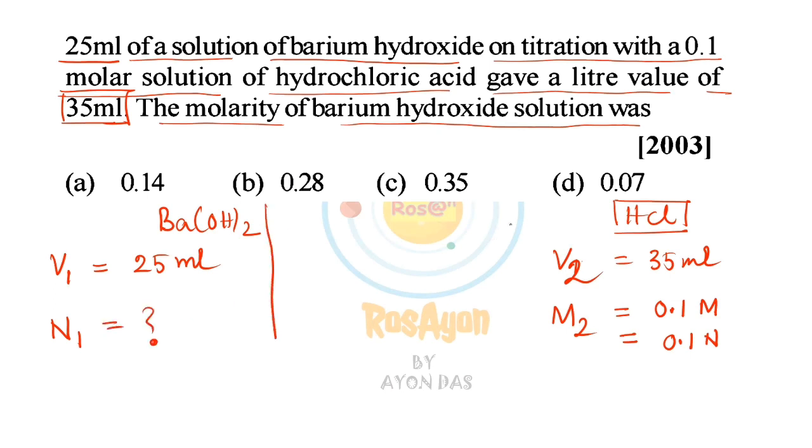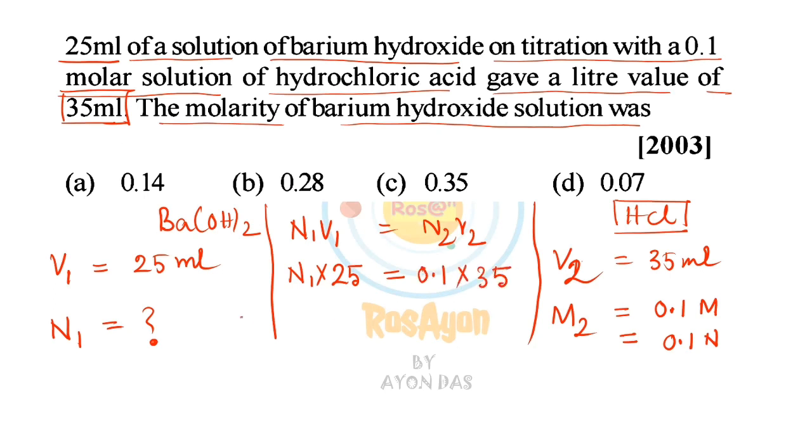Now put the formula, that is N1 V1 equals N2 V2. Here N1 into V1 is 25, that equals N2, means 0.1 into V2, means 35 ml.